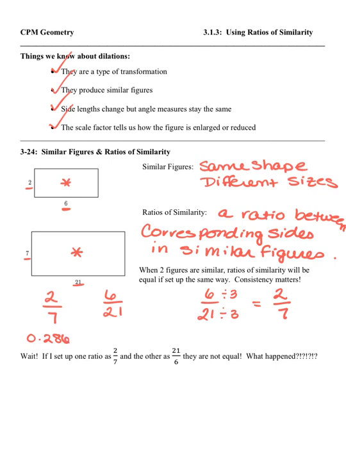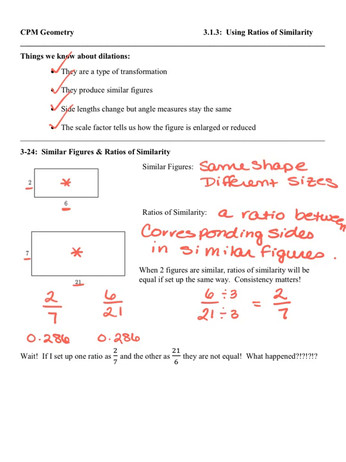And if I do the same thing for 6 divided by 21, I get the same decimal, 0.286, when I round to 3 decimal places. So again, I've shown that the ratios of similarity are equal for this figure, and that confirms that the two rectangles are similar to each other.